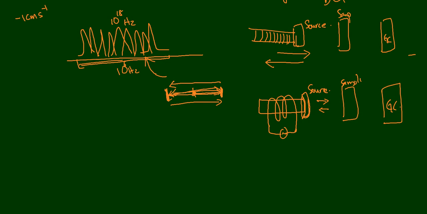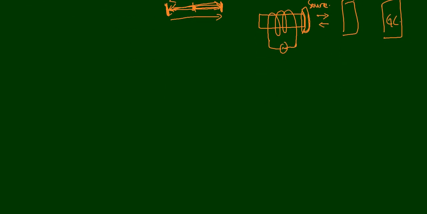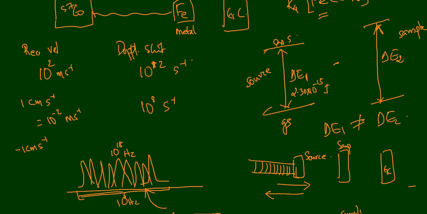So finally we will get a spectrum, and the spectrum will read the source velocity in millimeter per second against the counts per second. So in this one we have counts per second, and here we have millimeter per second.